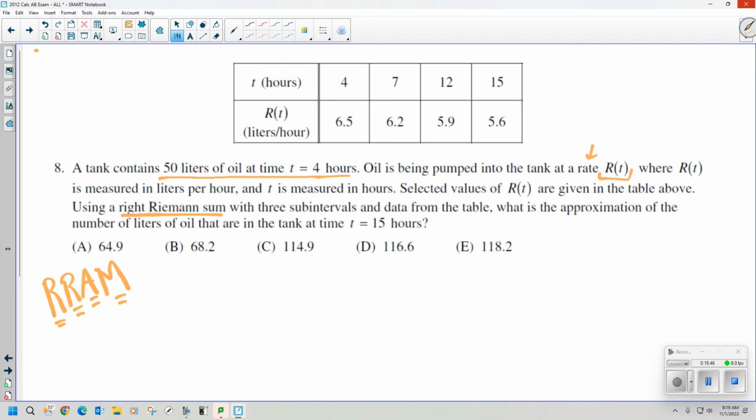What is the approximation of the number of liters of oil that are in the tank at time 15? So after 15 hours, okay? Well, 3 subintervals. Let's go. If we have 3 subintervals, here's the first one. Subinterval 1. That has a width of 3, okay? Subinterval 2.